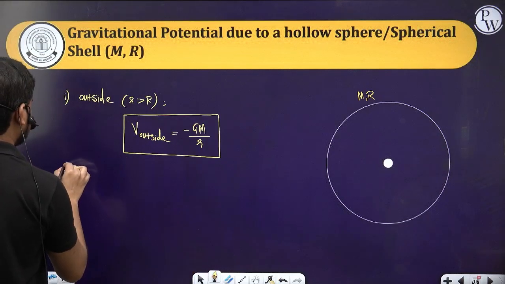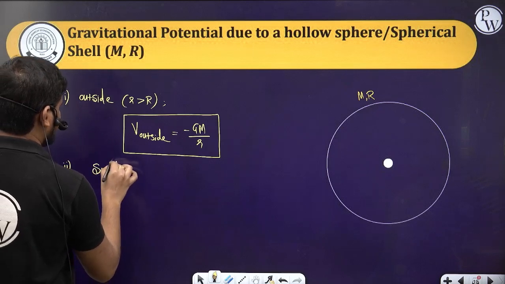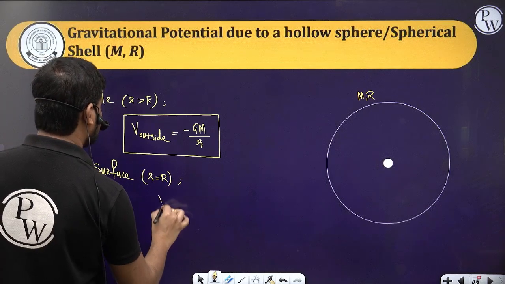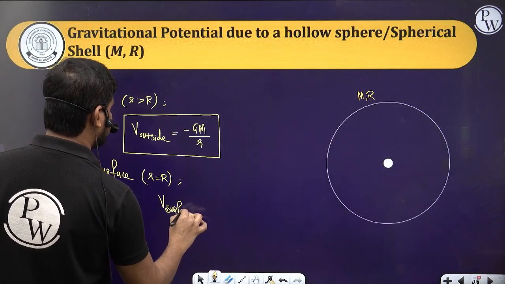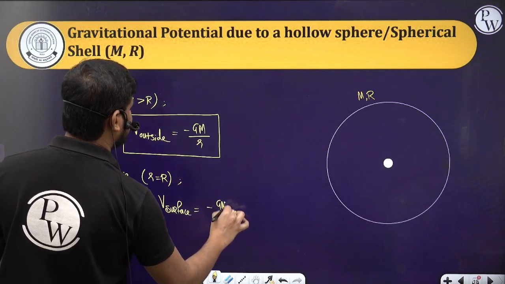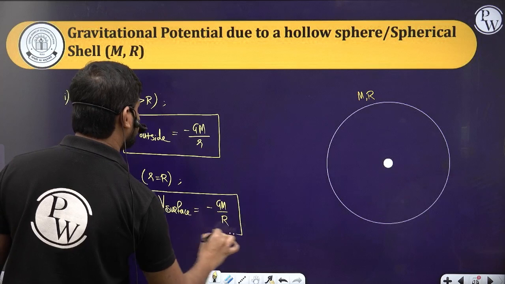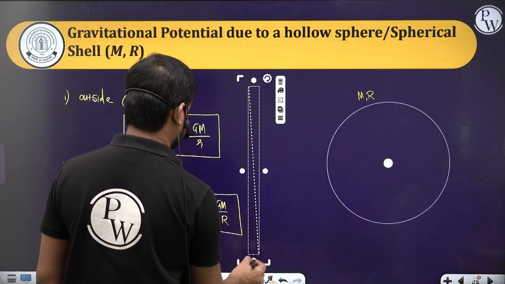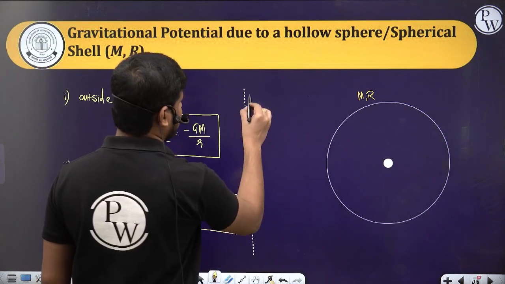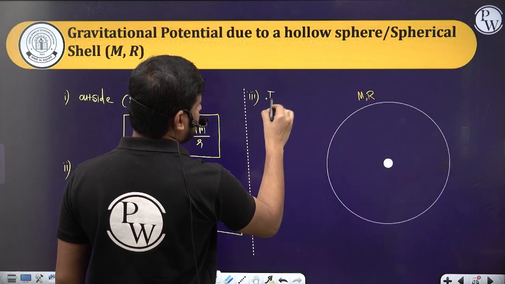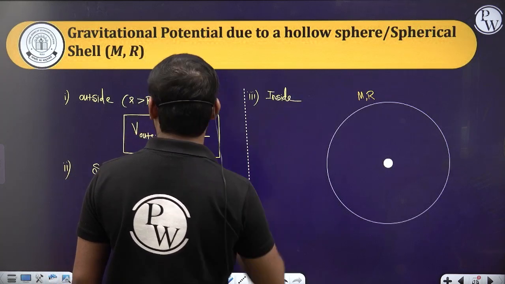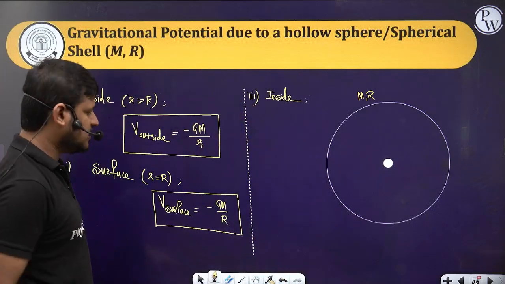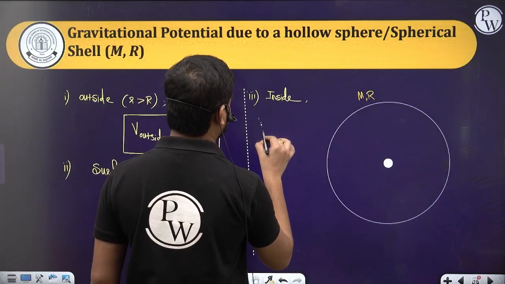And then the second, on the surface of the spherical shell, so it's going to be r equal to R. So here the potential at the surface will be equal to minus GM by R. So this is the second one. And then the third case, inside, where the gravitational field inside the spherical shell is going to be 0.